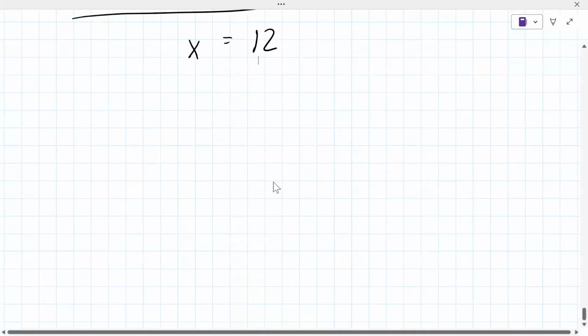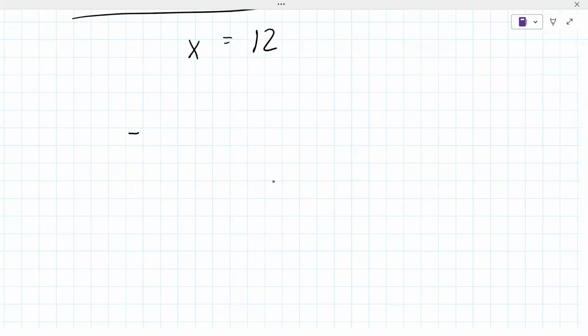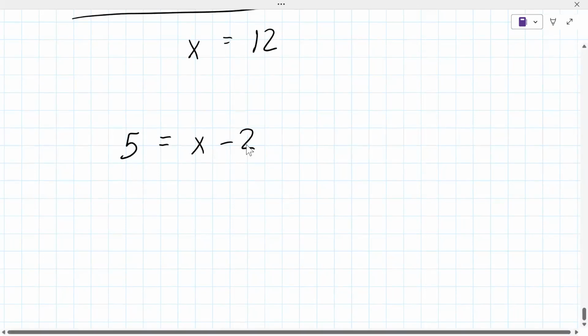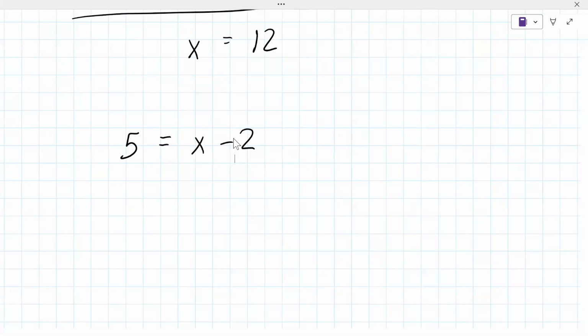Now where these get a little more difficult is I can change the side. So I can say 5 equals x minus 2. What is keeping x from being by itself? What do you see over here on the side with the variable? Subtraction by 2. So how do you undo subtraction? Addition.